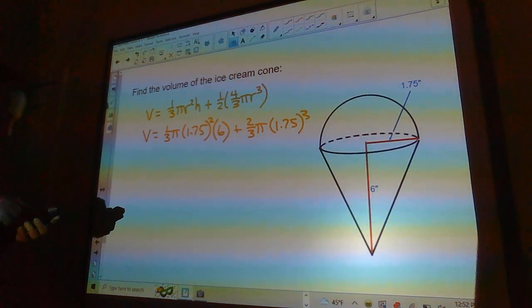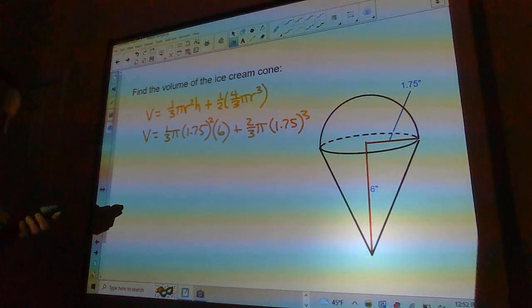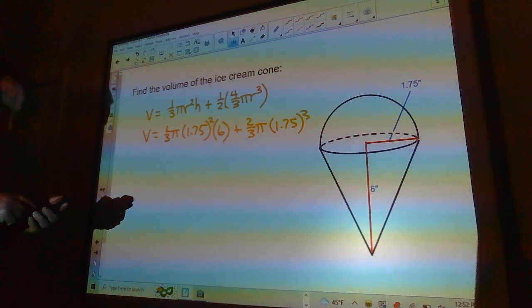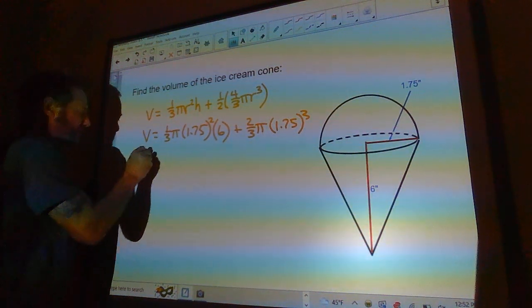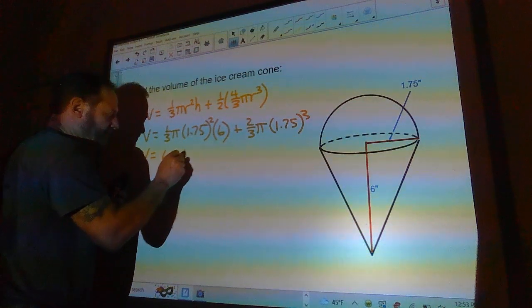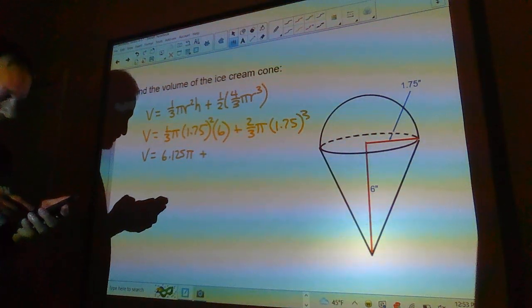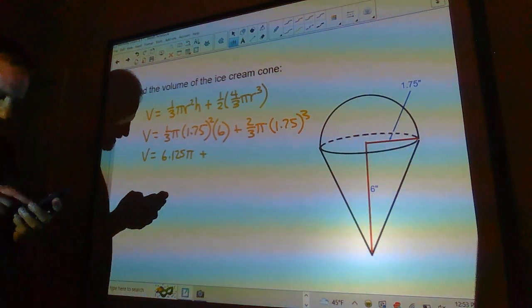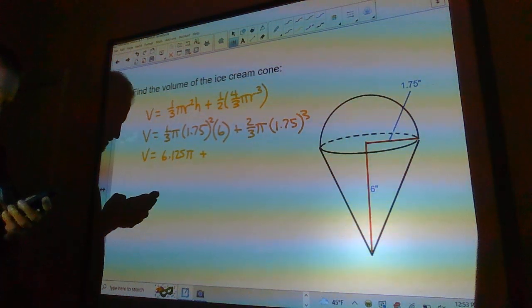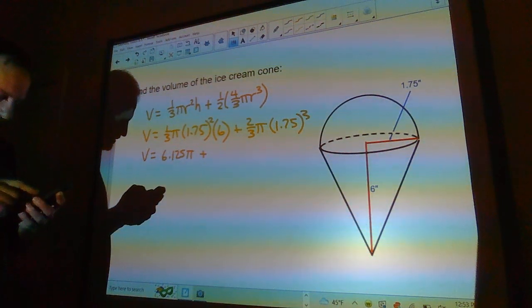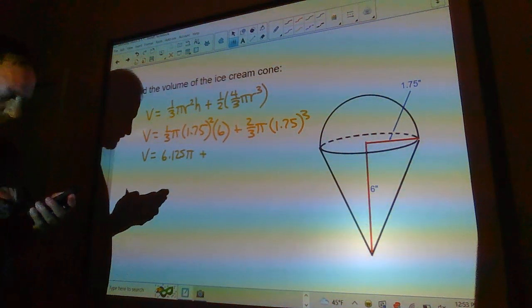Let's see. 1 divided by 3 times 1.75 squared times 6. Okay, this is going to be 6.125 pi plus, let's see, 1.75 cubed times 2 divided by 3.